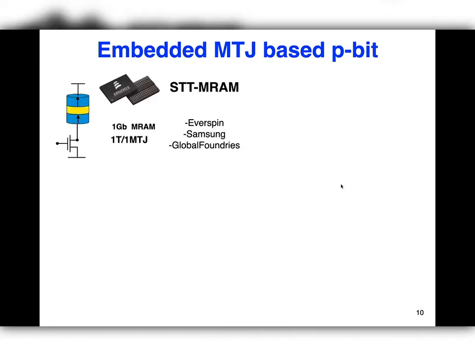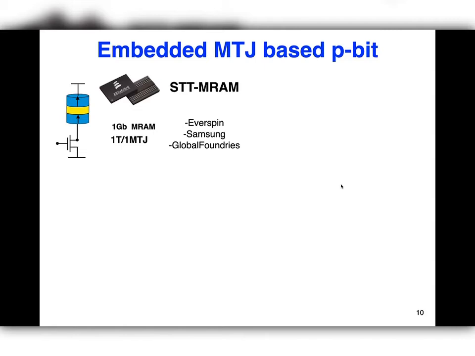This is a memory technology that has been scaled up to billion-bit units, and it's a really remarkable technology that has been developed by major players. There are many others: Everspin, Samsung, Global Foundries, Intel, and so on.